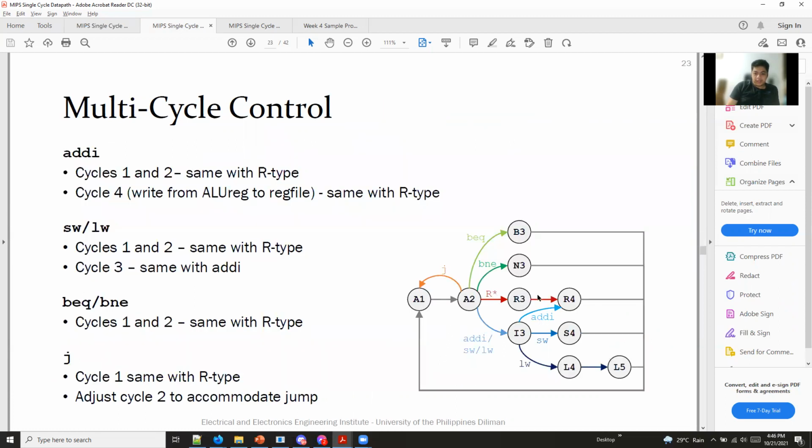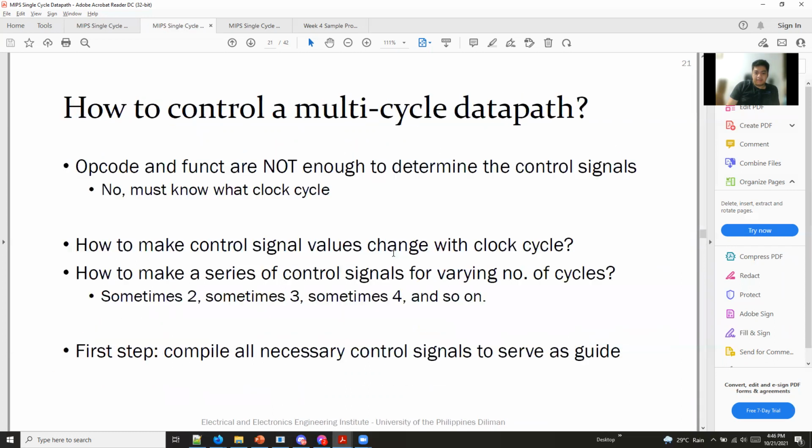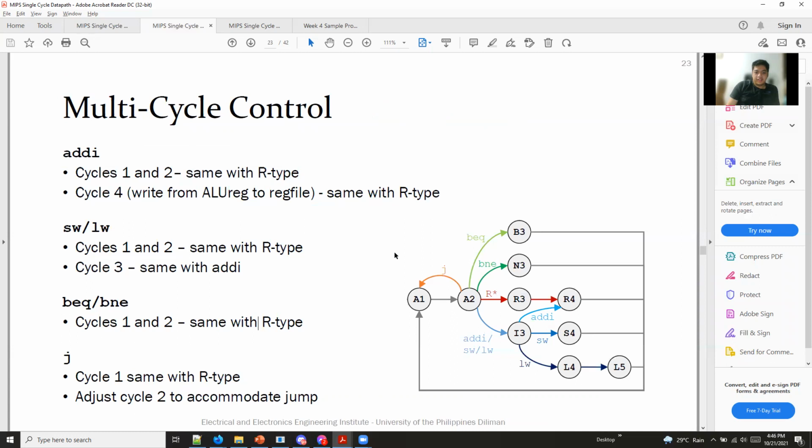So, ito yung main. And then, for the branch operations, same yung 1 and 2, pero sa cycle 3, doon nagkakaroon ng branch. And then sa save word at saka load word, sila yung mahaba dito.